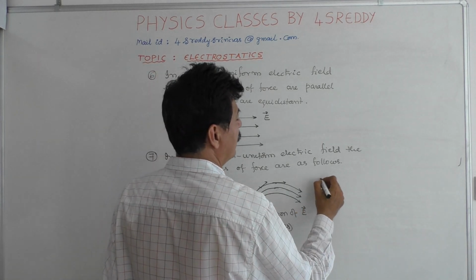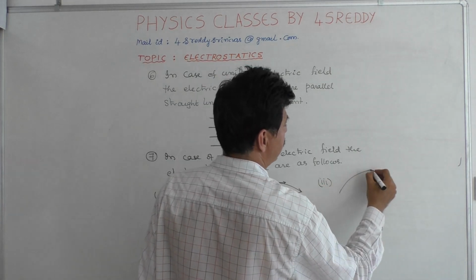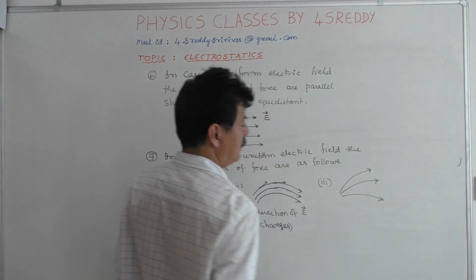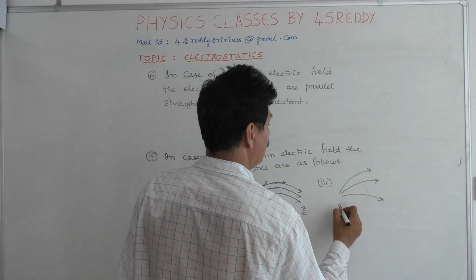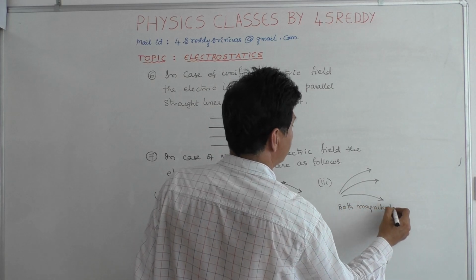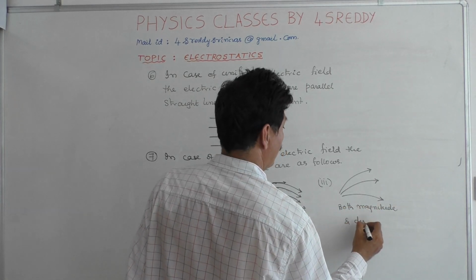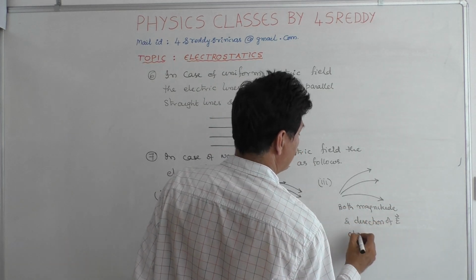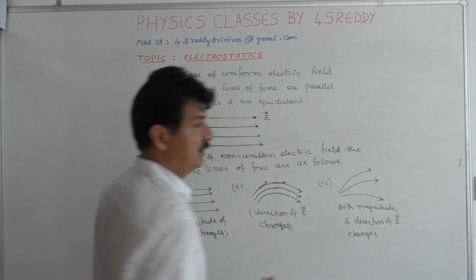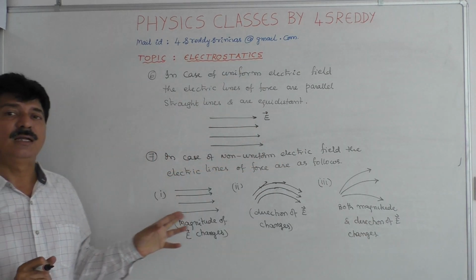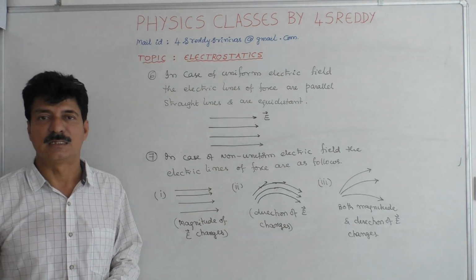And the third one, in this case both magnitude and direction of E change. So these are the three cases in a non-uniform electric field.